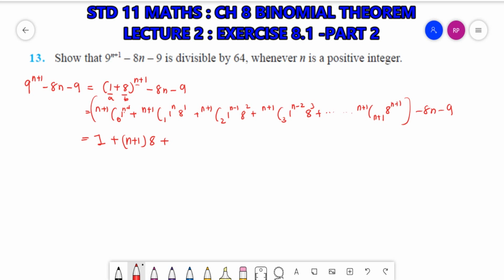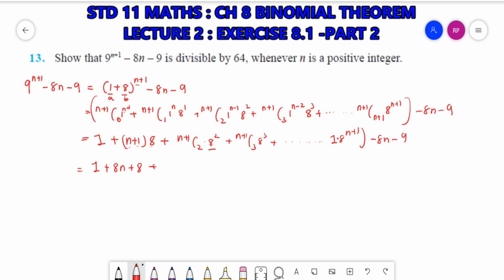Okay. (n+1)C2, let it be as it is, (n+1)C2 8^2 plus (n+1)C3 8^3, up to (n+1)C(n+1) 8^(n+1), minus 8n minus 9. So this will be equal to 1 plus 8 into n plus 1, that is 8n plus 8, plus.